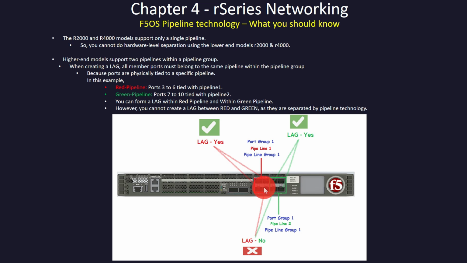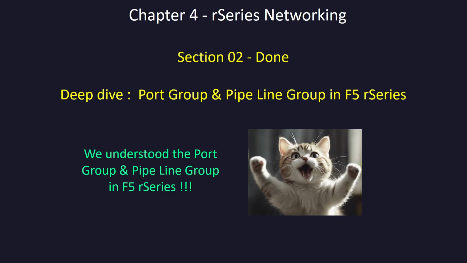However, you cannot create a LAG between the red and green pipelines because they are separated using pipeline technology. Now, we have a clear understanding of F5OS port group and pipeline group.